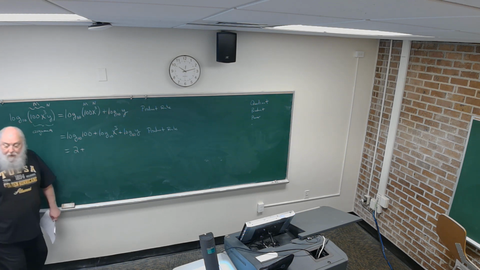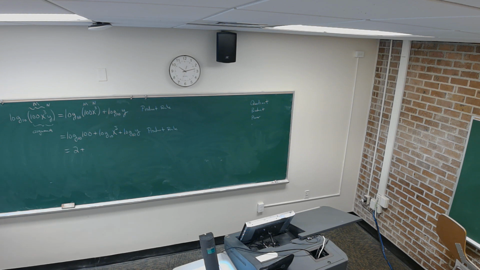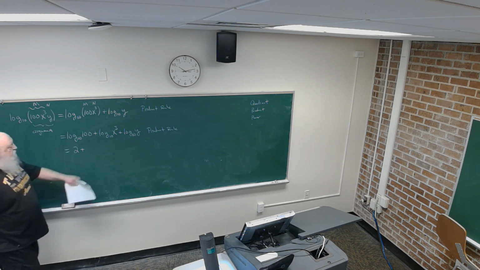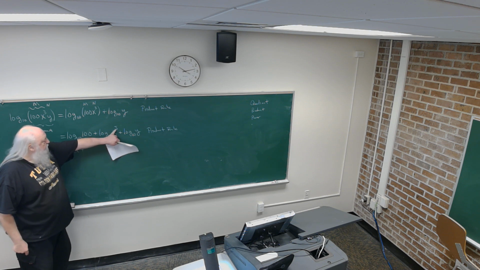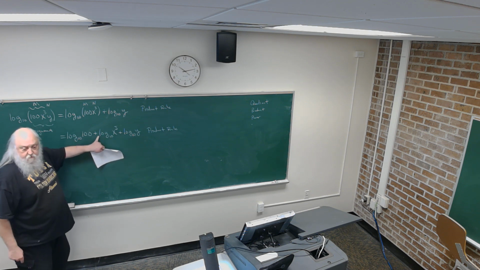Now by the power rule, the power rule says log of m to the c power, I can bring that c down in front of the logarithm. And I have c times the log of m. So this exponent 3 on the variable x can be brought down in front of the log.